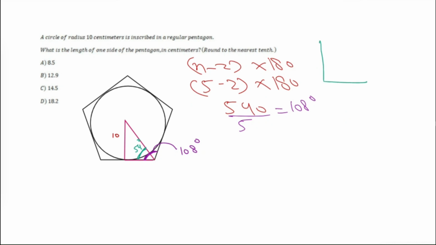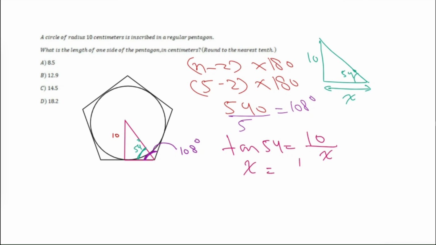Now we have a right angle triangle with this side 10 centimeters and the angle right here is 54 degrees, and this length x here is half of the side of the pentagon. So we'll use the tan function to find this length x and eventually the length of the side of the pentagon. So tan 54 equals 10 divided by x.